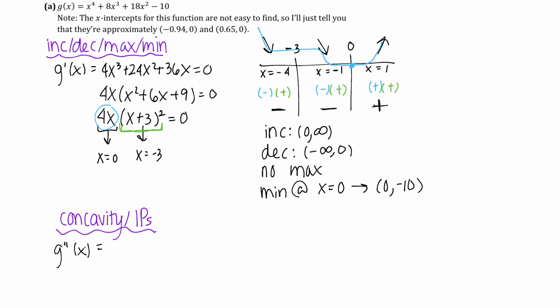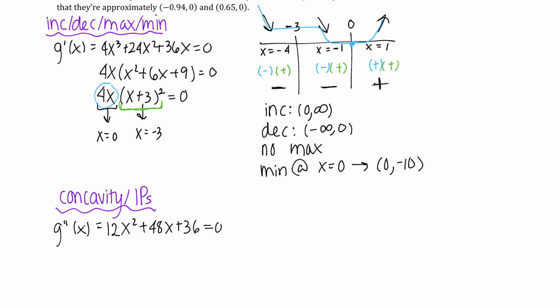So back to our unfactored derivative. Taking that derivative, we have 12x squared plus 48x plus 36 equal to 0. You can factor a 12 out. So x squared plus 4x plus 3 equal to 0. This factors into x plus 3 times x plus 1 equal to 0.